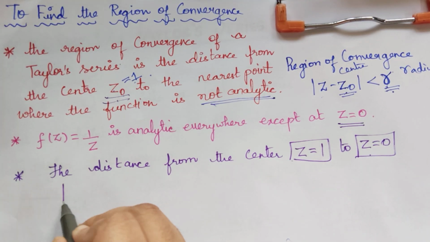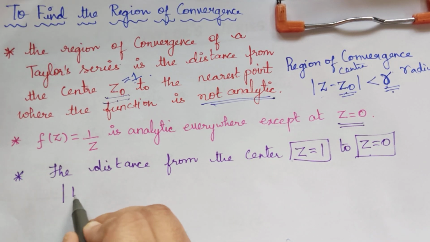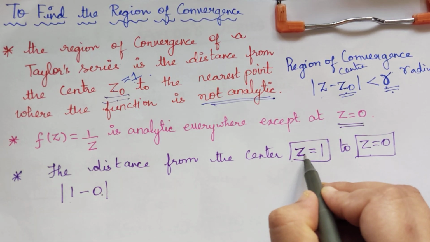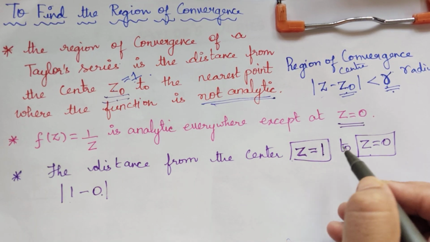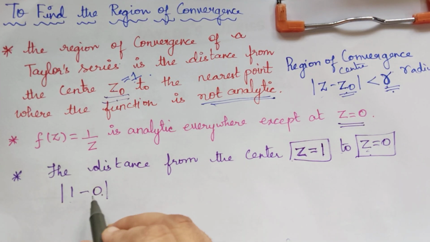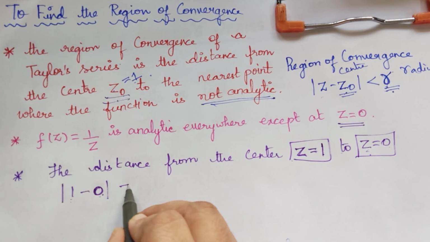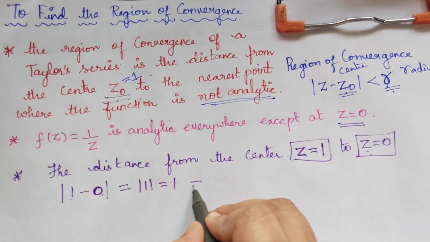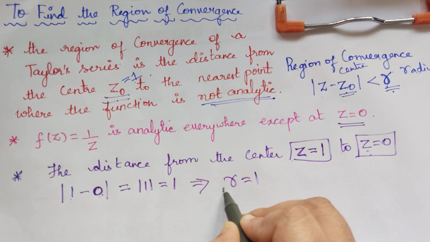We have to find the distance from the center z equal to 1 to z equal to 0, and we know that the distance is the modulus of 1 minus 0, because that gives us the distance. So modulus of 1 minus 0 will be equal to modulus of 1, which is equal to 1, and that gives us the radius r, which is equal to 1.